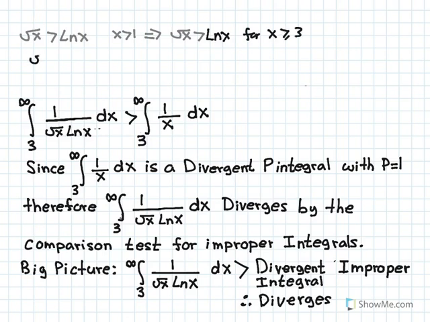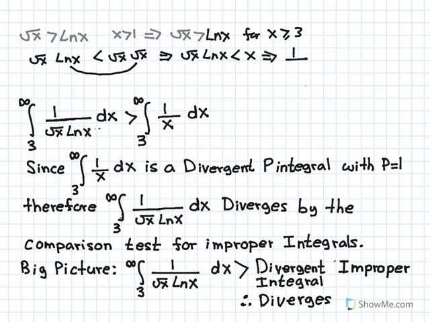So the denominator root x log x is less than root x times root x, because ln x is less than root x. So what that means is that root x log x is less than x, because root x times root x is just x. Let's reciprocate both sides, and we get 1 over root x log x is larger than 1 over x.